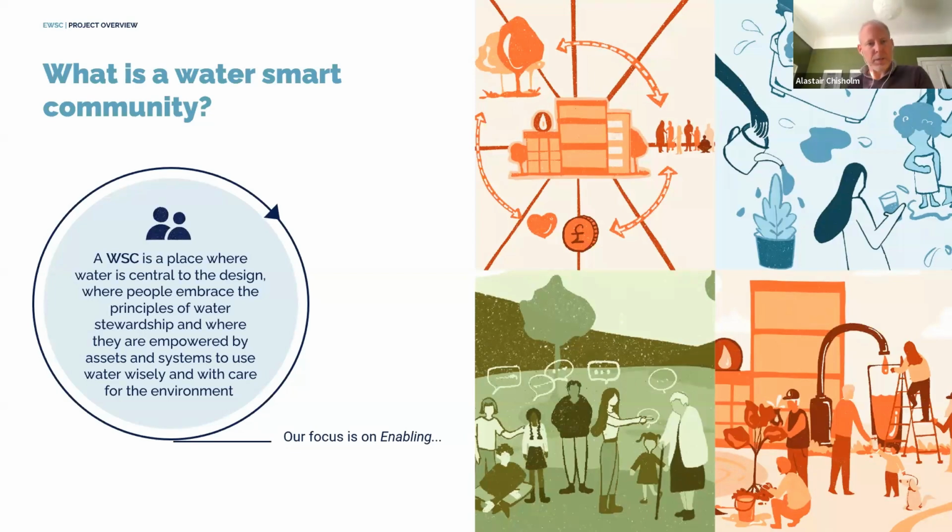And basically that includes issues of water stewardship, where people really are empowered to steward their water use, to be very aware of how much they're using, and really to be enabled to use it in a much more efficient and effective way. And also, on the flip side of that, be aware of how they can manage water in and around their property to reduce flood risk and drainage pressures.